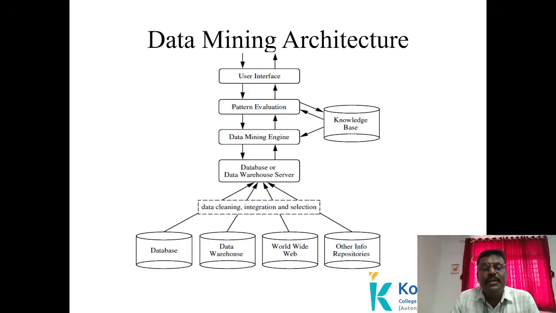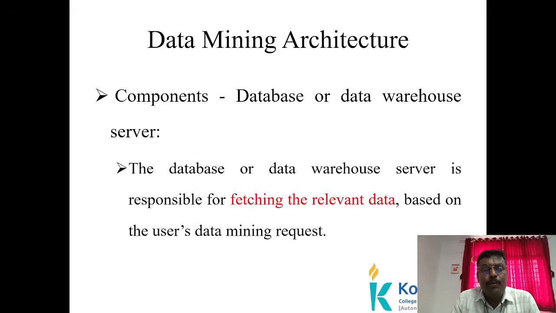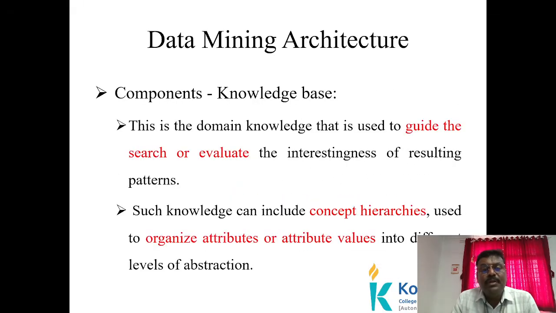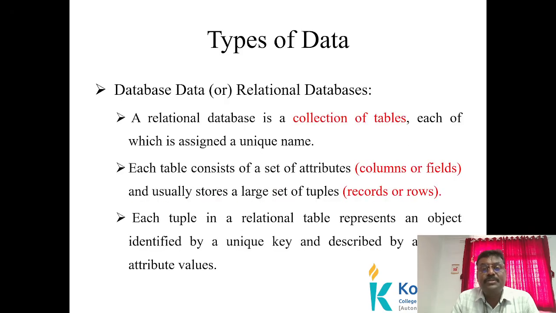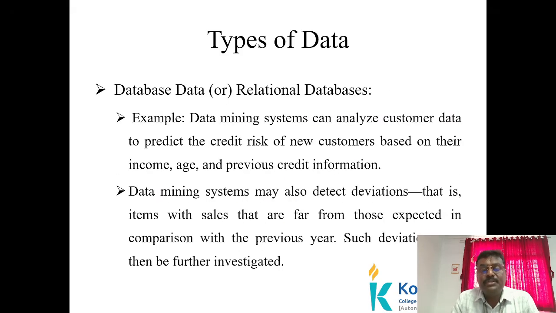Then data mining architecture: under it, we discussed all the different components one by one, with their advantages and the important role of each component in the data mining architecture. Finally, we discussed the types of data, and under the types of data, the relational database topics. These are the important contents of the second unit's important chapter. Thank you.